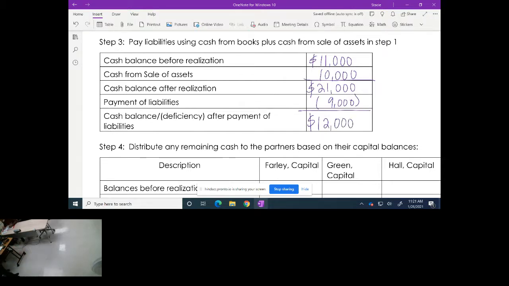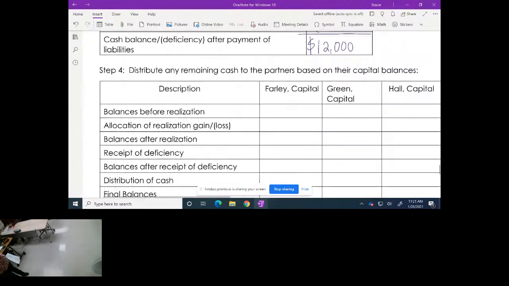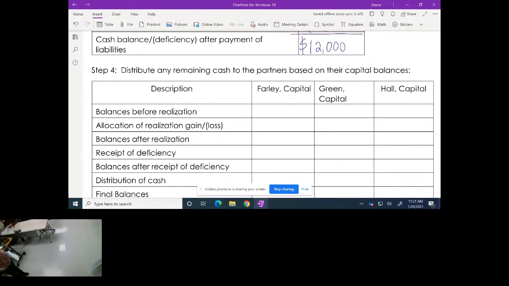So we're going to split that 12,000 amongst our partners. All right, so let's figure out, after all that whole process, how much capital does each partner have? So when we started out, they each had 22. So we'll put 22 in here.